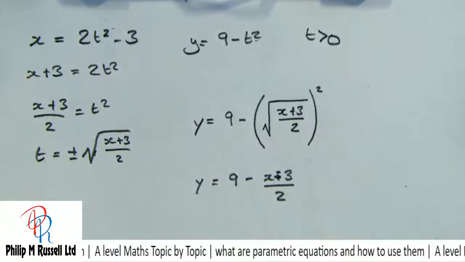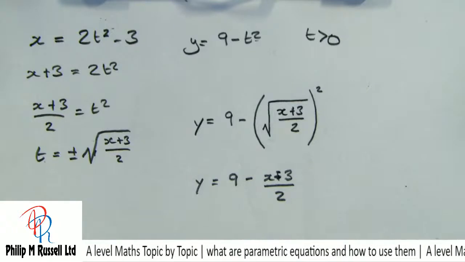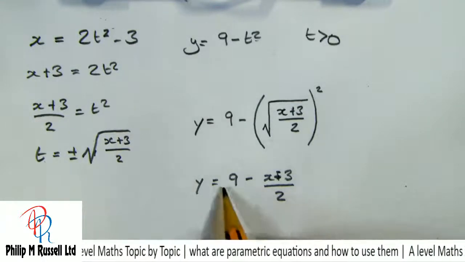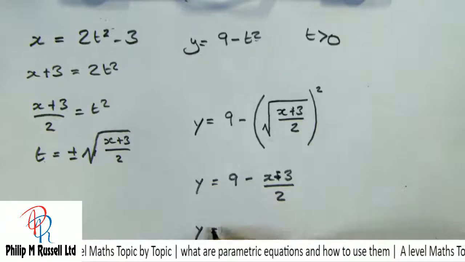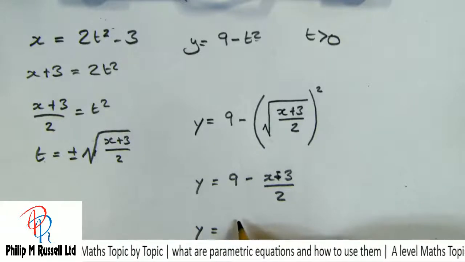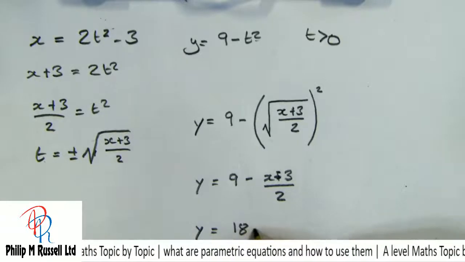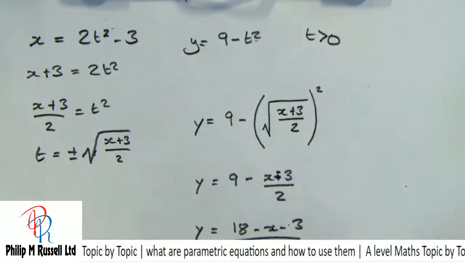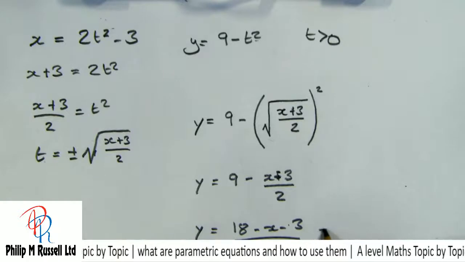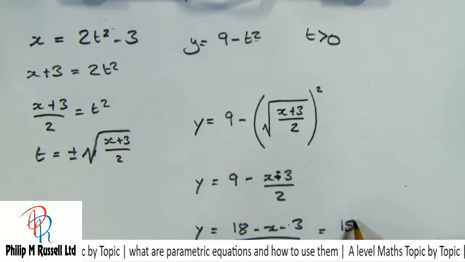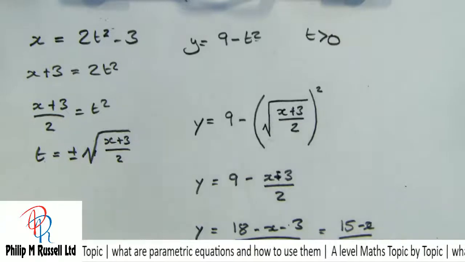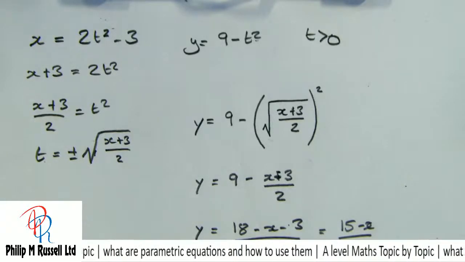And let's see what we've got. So to work that out, that's going to give me 9 is 18 over 2, which is going to give me 18 minus x plus 3 all over 2, which is going to give me 15 minus x over 2.